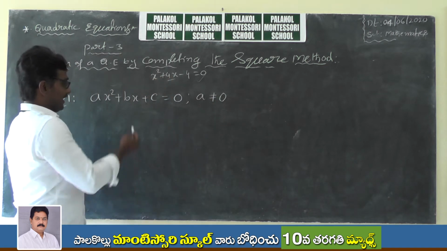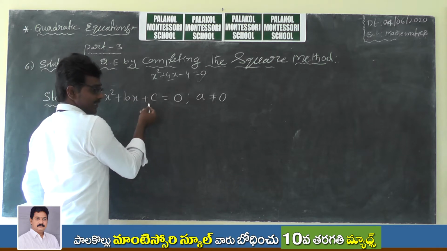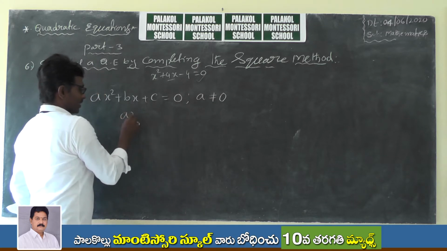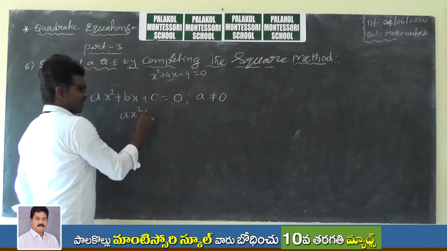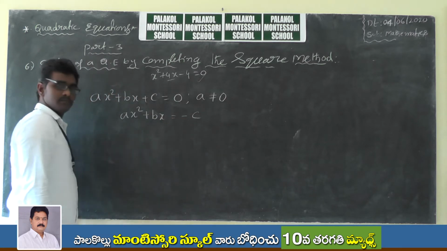Here c is the constant term, so send it to the other side. What remains on this side? ax square plus bx is equal to minus c.